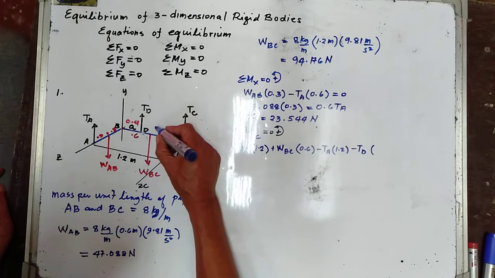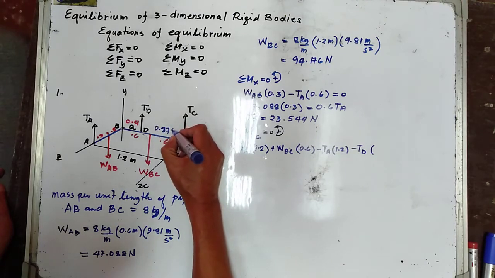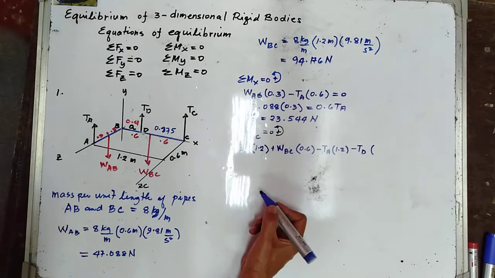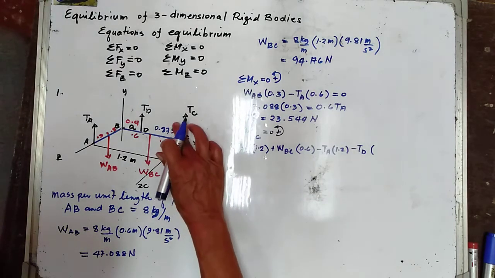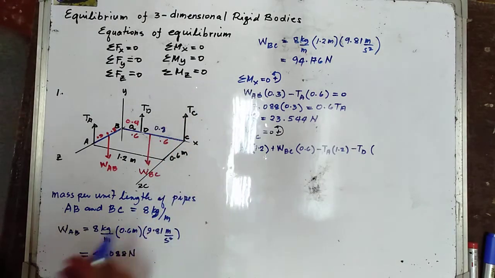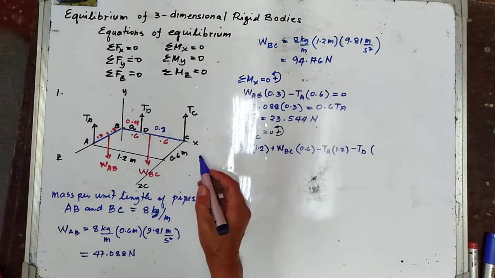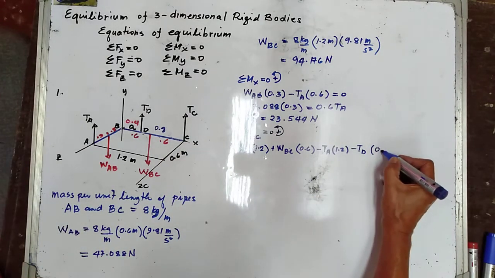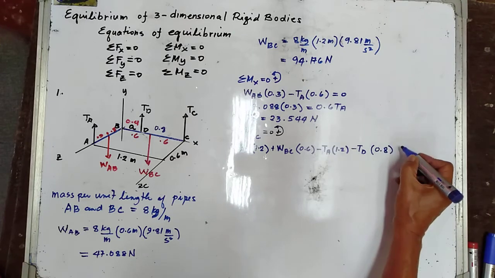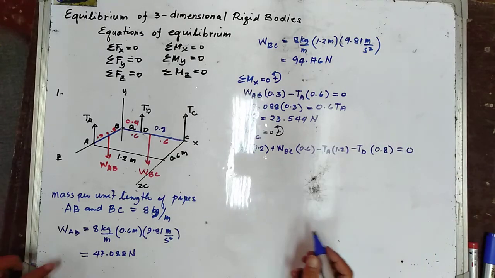So we have 0.8, that is equal to 0.8. So we multiply this by TD, equal to 0.